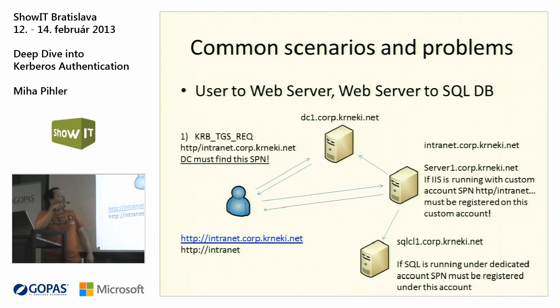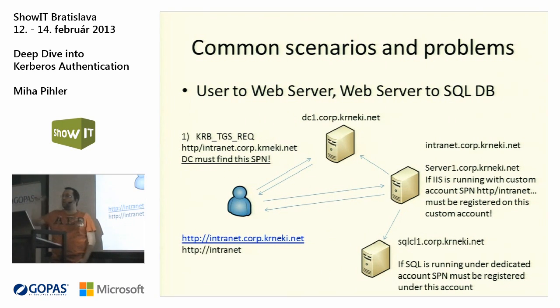And where do you now troubleshoot this setup? I'm here, I want to talk to this server, and all these servers are also involved. Where do I troubleshoot this? First, I install Network Monitor up here on the web server. And the one thing I want to know is how this user is trying to access this server. What SPN is it sending?